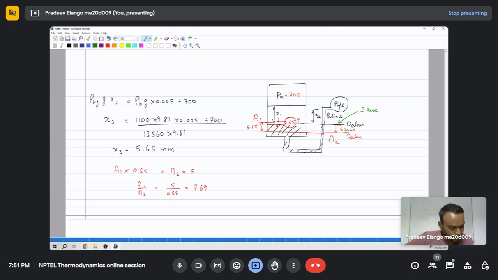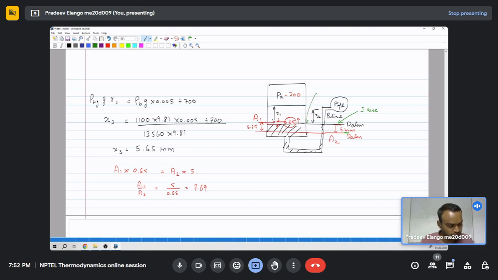And we found that the mercury column on the left hand side is 5.65. So we have moved the datum by 5 mm, but the mercury column is 5.65 mm. So that means 0.65 mm has increased when compared to the previous datum, right?